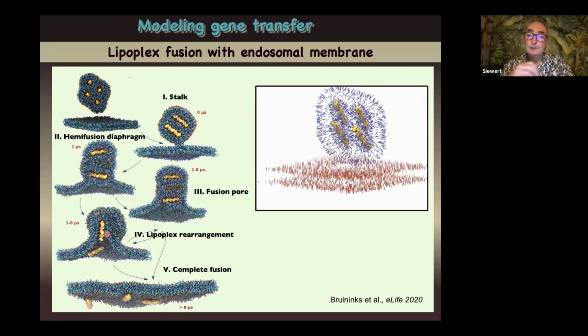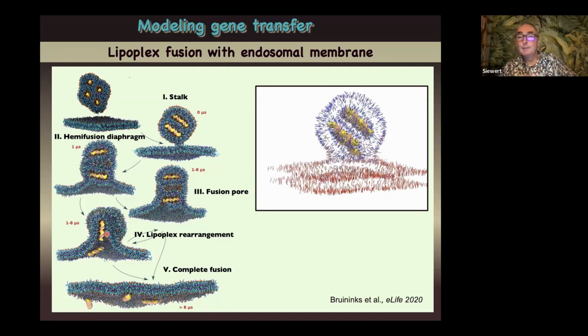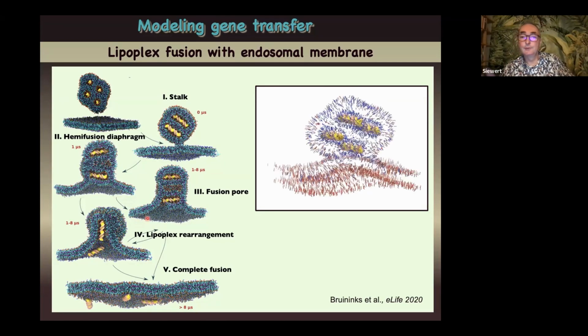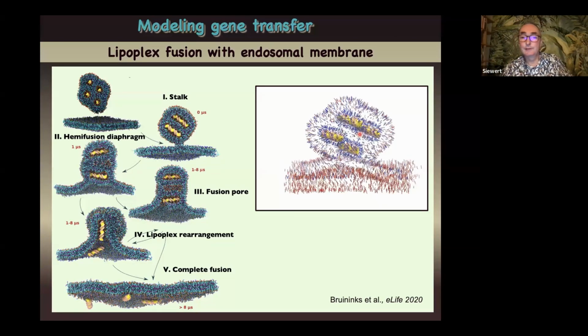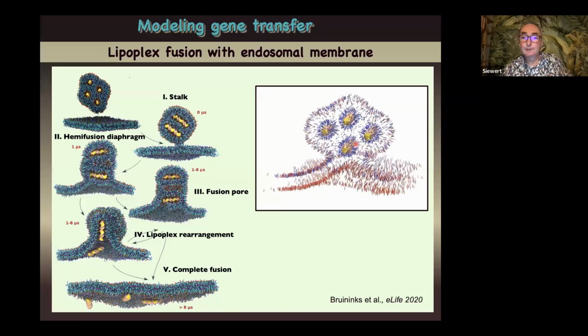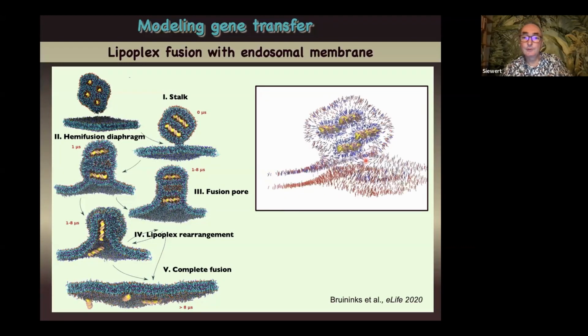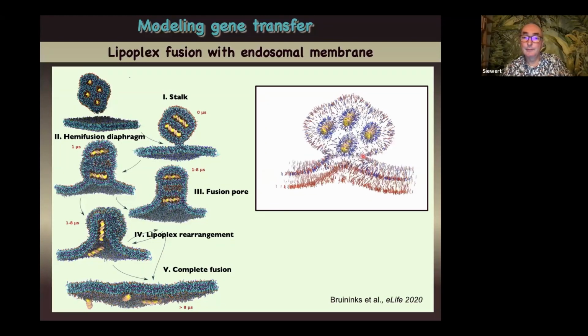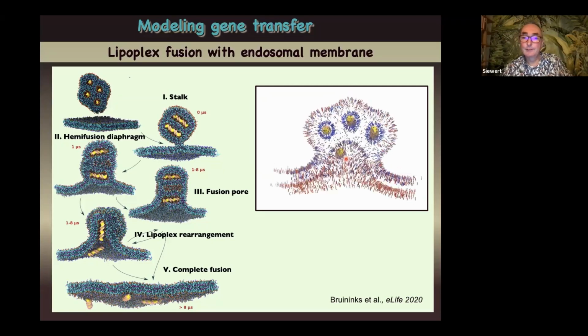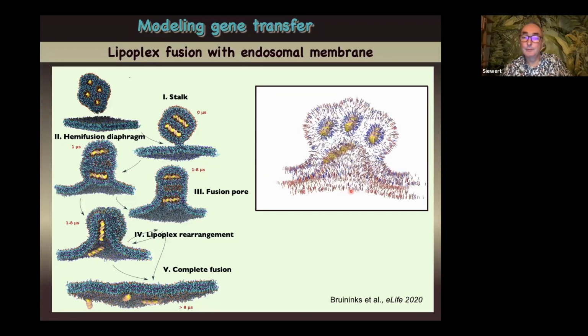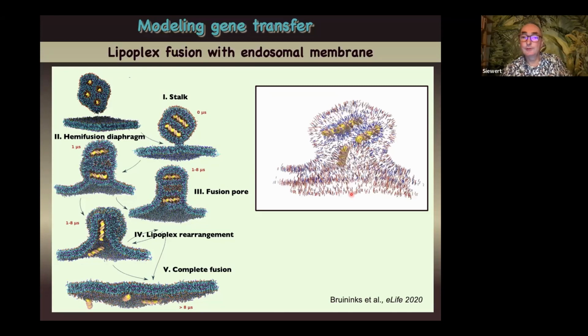And this little movie shows you also the dynamics of this process. So here the head groups of the lipids are just displayed as little sticks. And you see here that there's already a connection between the endosomal membrane and the lipoplex. And eventually a first fusion hole is opening up, which allows the passage of the first strand.